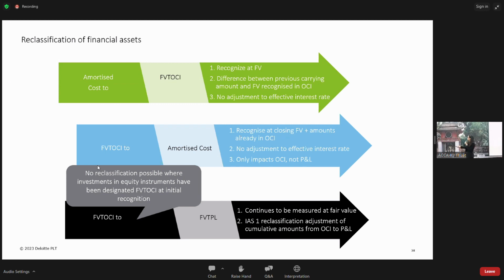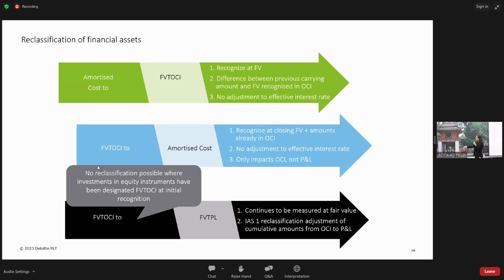No adjustment for EIR because both of these instruments have an EIR and you will retain it as it is. Then it only impacts the OCI. Because originally it was in the OCI, it will only impact the OCI and not the P&L.